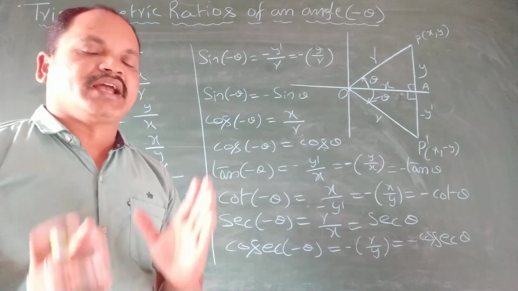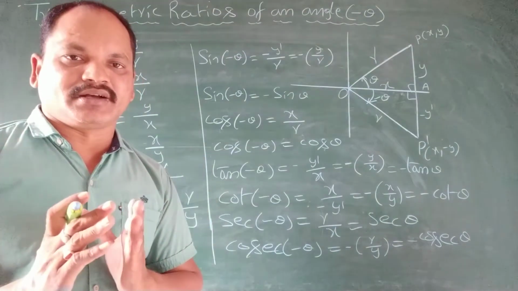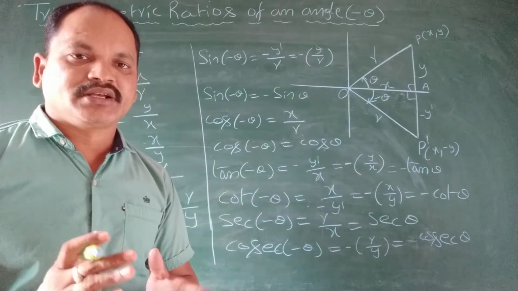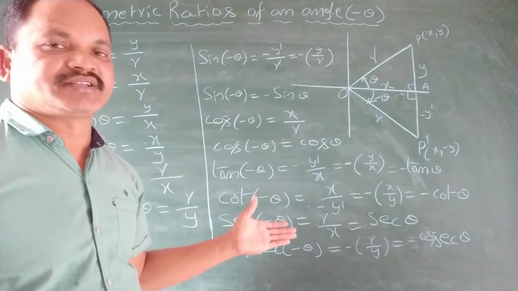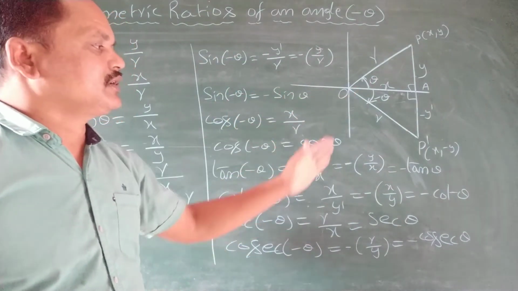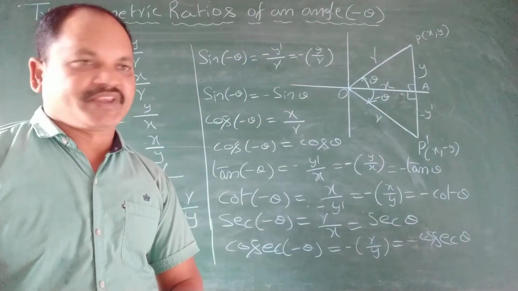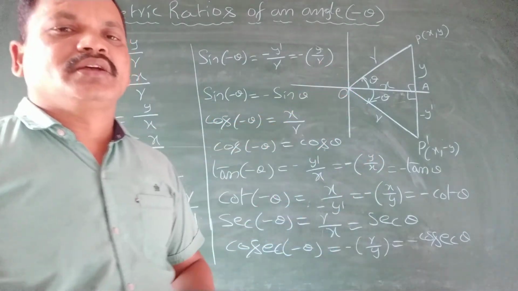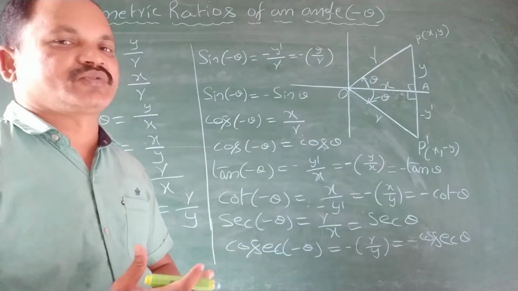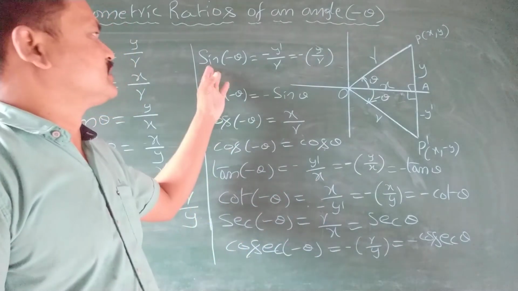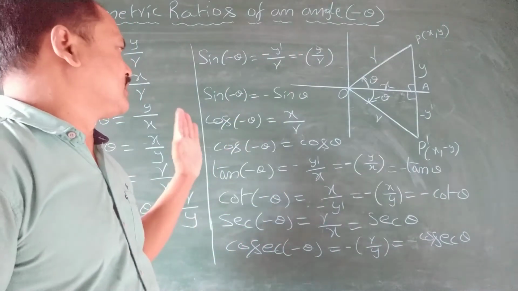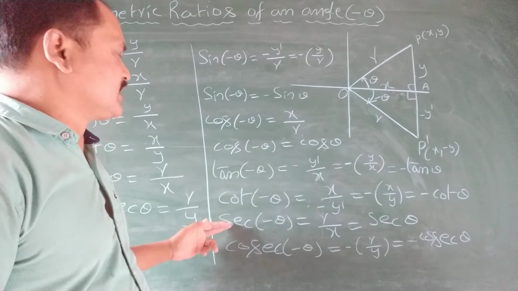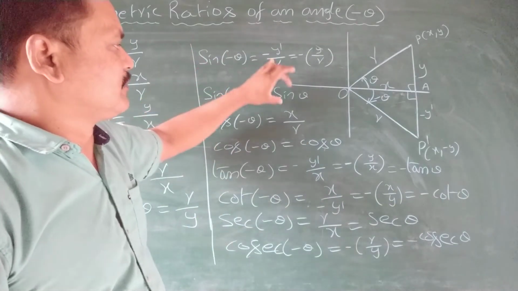Are you clear? Except secant and cos, the remaining functions of a negative angle give the same functions with a negative sign, according to this proof. The proof is not necessary, you can just remember the formulas: sine minus theta is minus sine theta, except cos and secant, the remaining are negative.